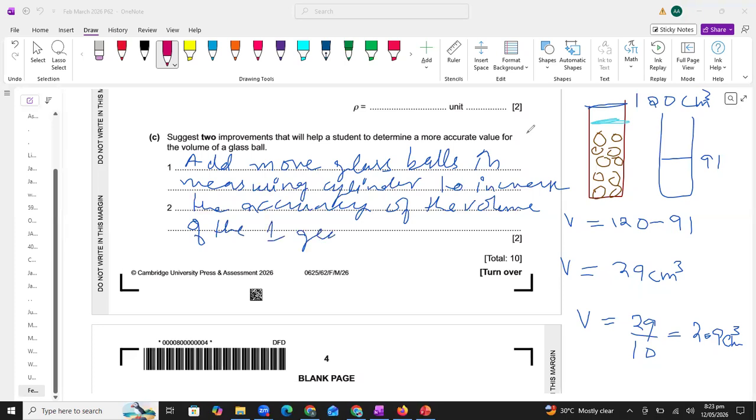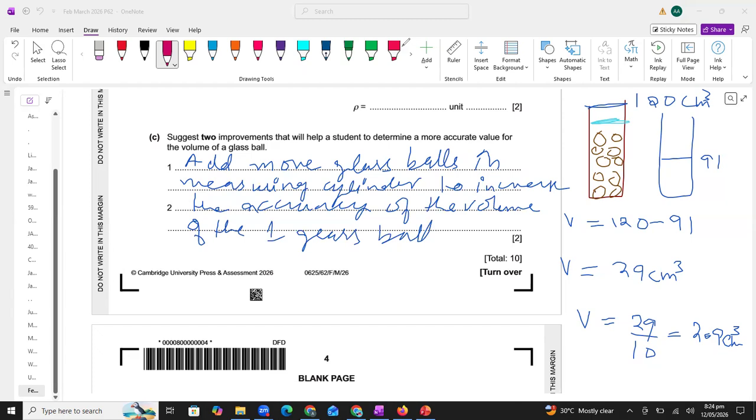All right, students, so this was only the first point. What could be the second point? Should I use a measuring cylinder with a large range or a small range? If I use a measuring cylinder of greater range, it will not give us the reading with precision or significant figures.